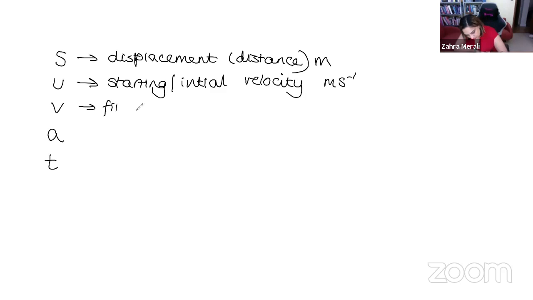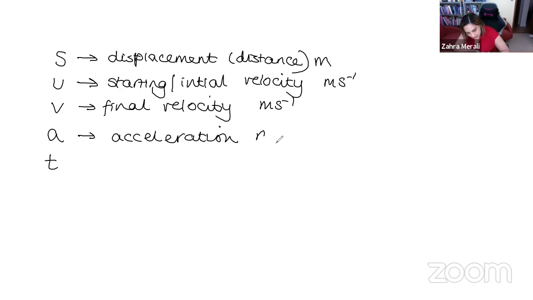V is going to be my final velocity, also in meters per second. A is my acceleration, which is in meters per second squared. And t is time, which we measure in seconds. So that's SUVAT. You need to know what each of those letters mean, and we're going to carry them forward in all the questions we do.